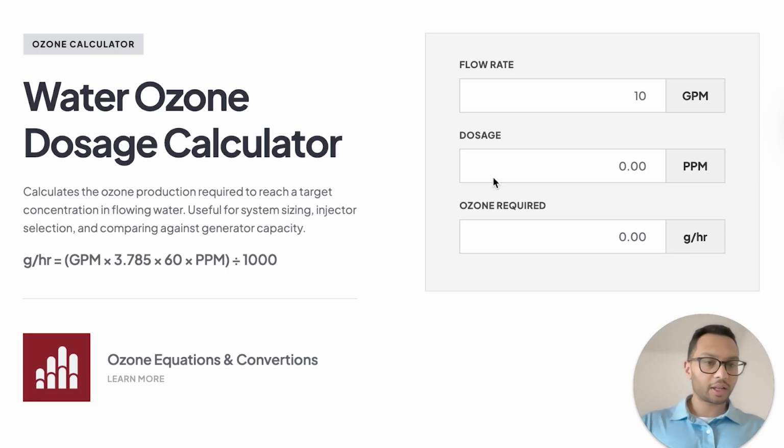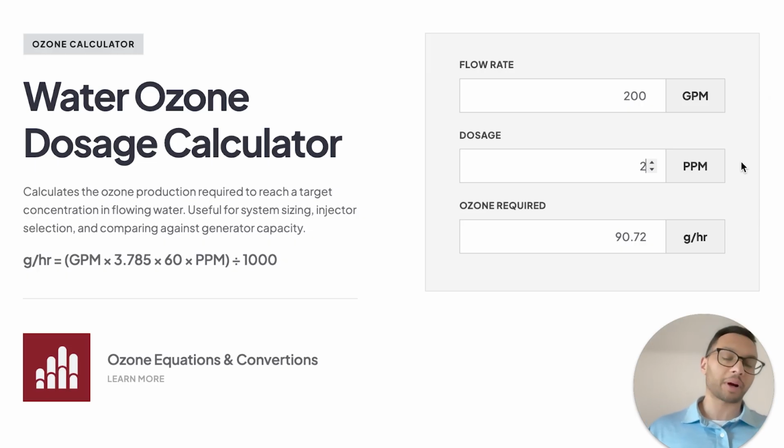So let's go here and give you an example. Let's say we have an application at 200 GPM, or 200 gallons per minute, and we're doing a supply of 2 ppm. As soon as you input these two values, you get an ozone requirement of 90.72 grams per hour.